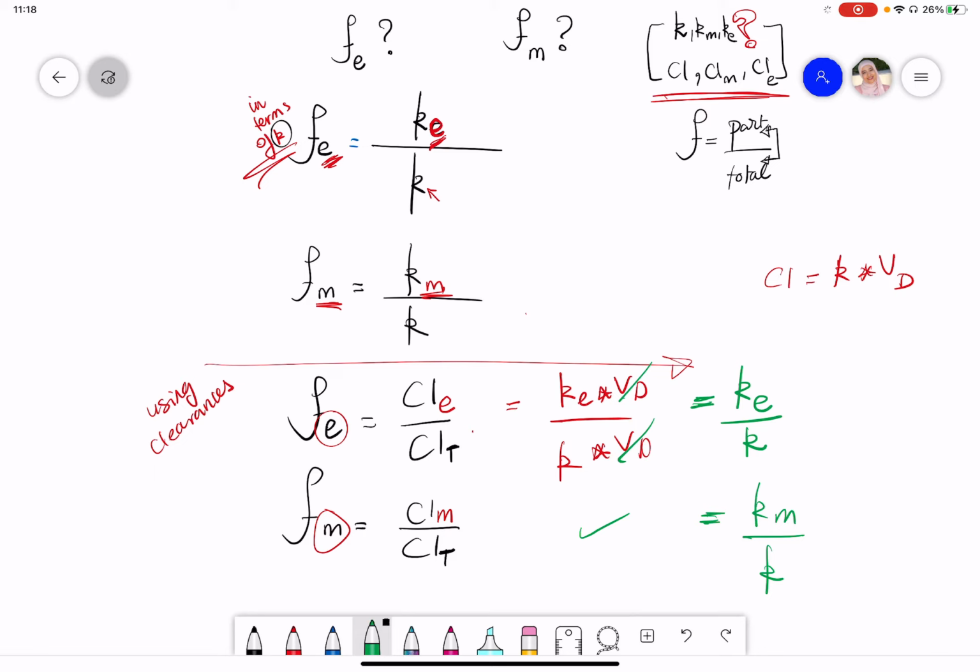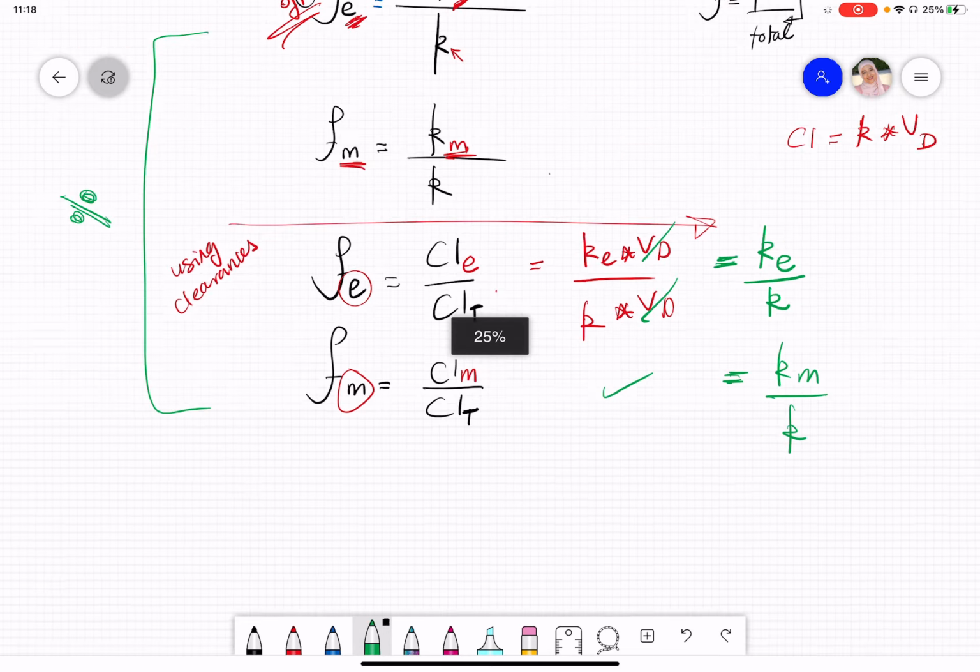So those are the fractions, and for sure the fractions are unitless because we have similar terms on both sides, okay? And if I want to have them in percentages, let's say the percentage of drug excreted or the percentage of drug metabolized, you just need to multiply by 100, okay?